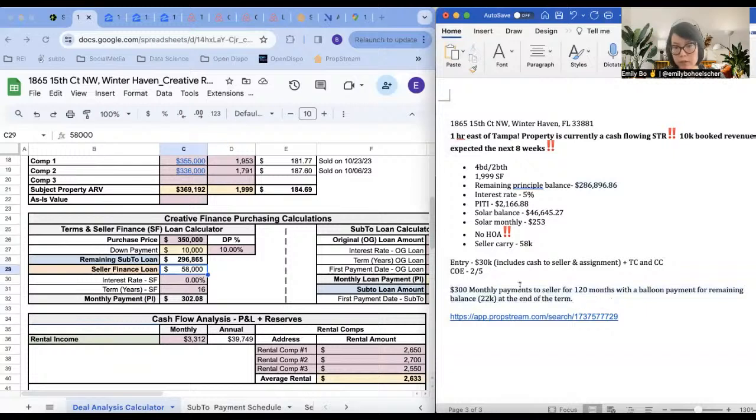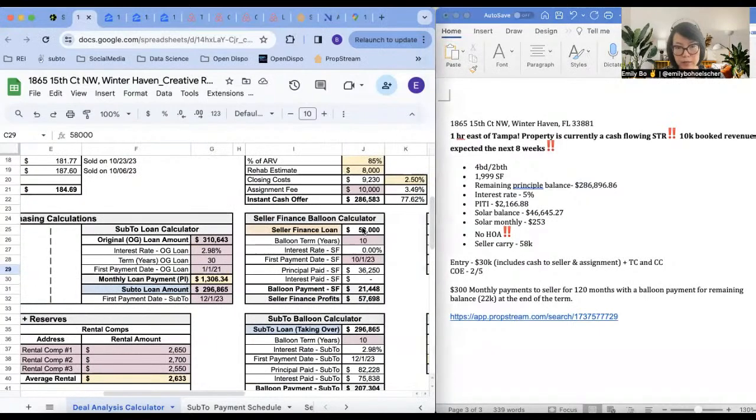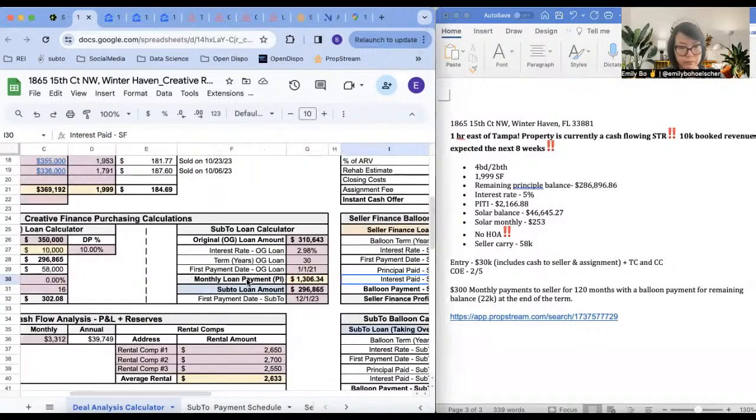It says $300 monthly payment to seller for 10 years with a balloon payment for the remaining balance. So we also plug in the balloon here, $58,000, 10 years, and then the balloon payment, based on this calculation, is about $21,448, very close to the wholesaler's number here.